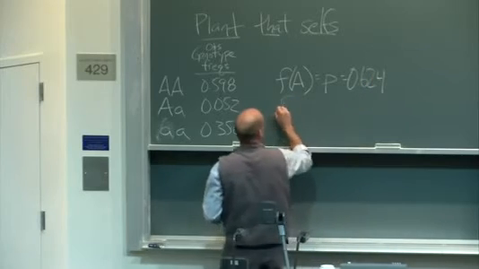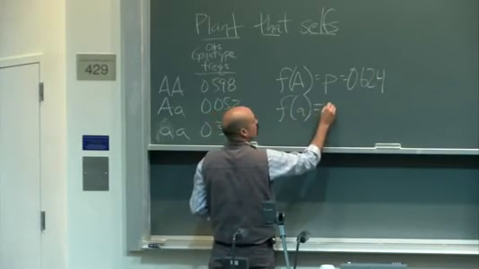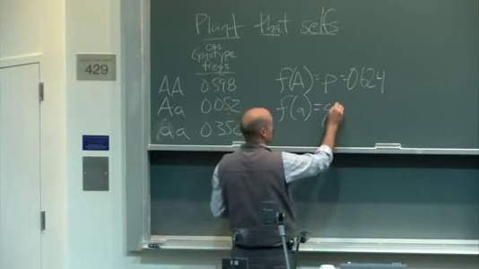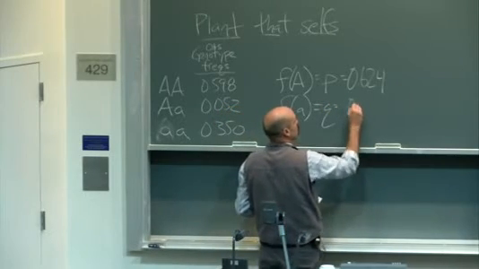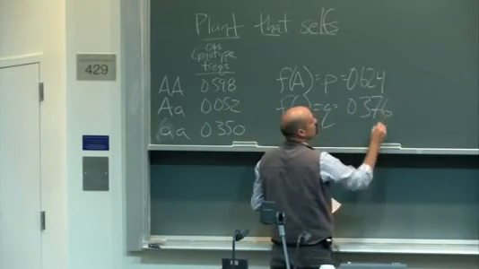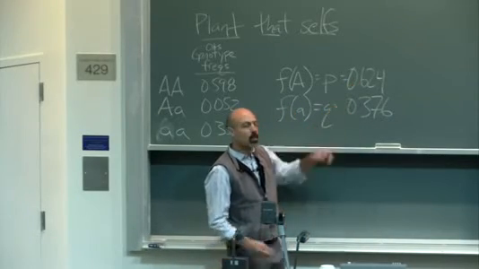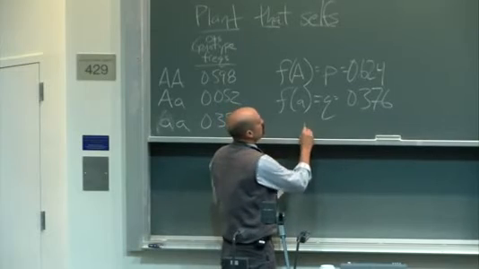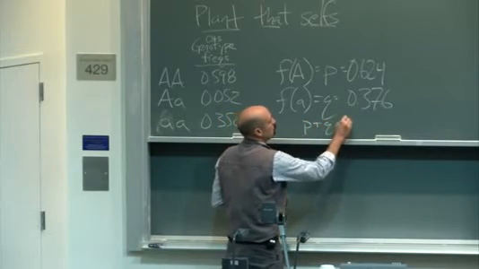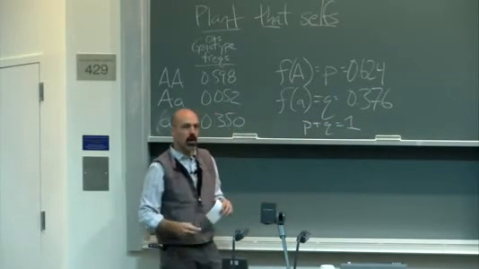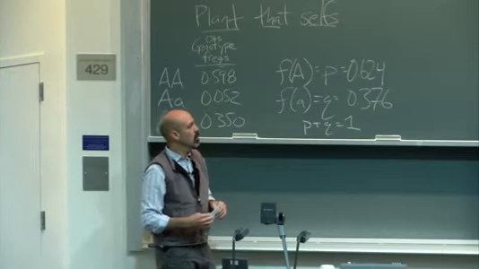And then the frequency of the little a allele, which we agreed to call Q. Now, these better sum to 1. Because remember, P plus Q has to equal 1 based on our rules of addition there.